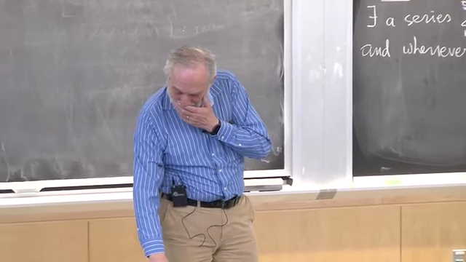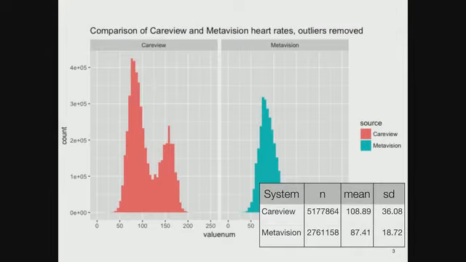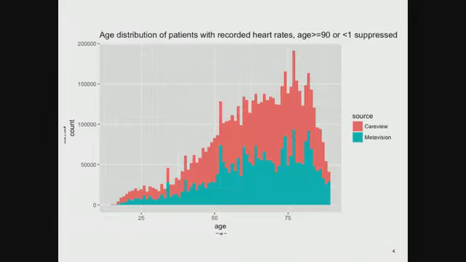So I said, interesting. If you look at the statistics, the mean heart rate in CareView is 108, and the mean heart rate in Medivision is 87. But of course, means are not that meaningful when you look at these bimodal distributions. So I asked, what if we just look at adults?